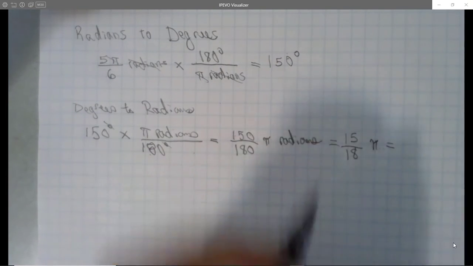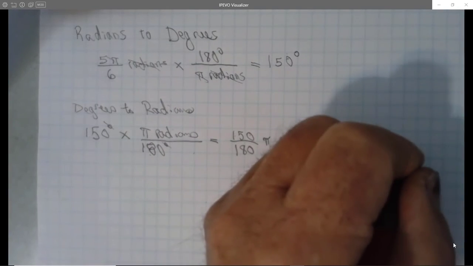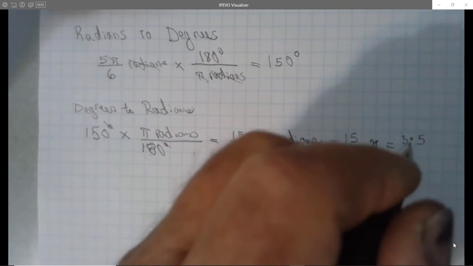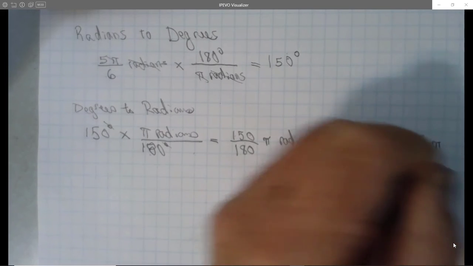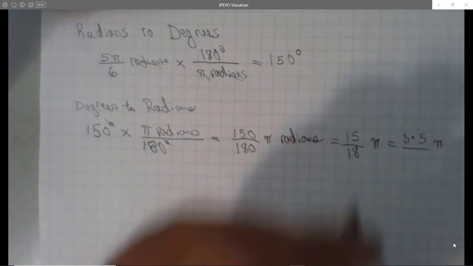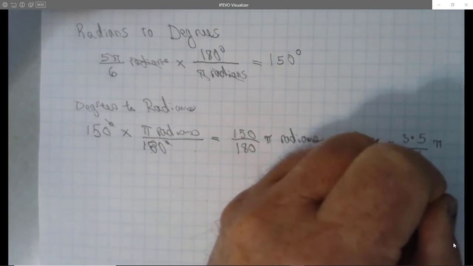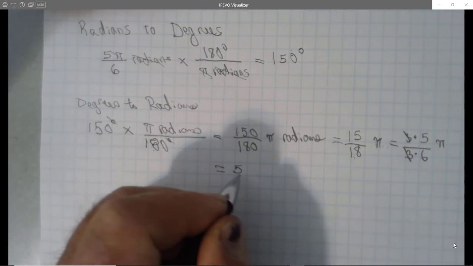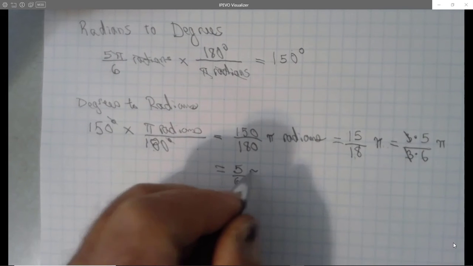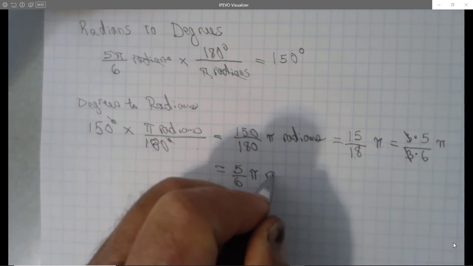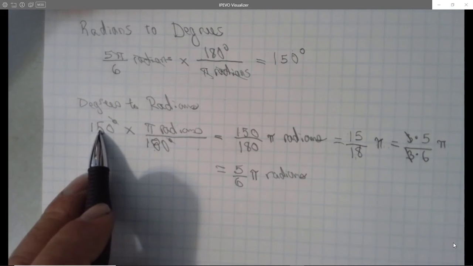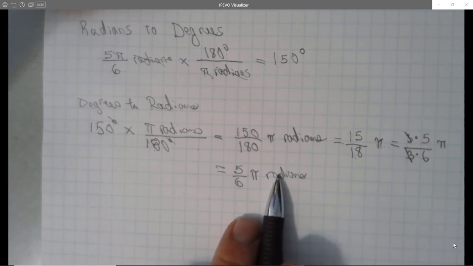And then you might notice that both of those are divisible by 3. 3 times 5 over 3 times 6. So the 3's cancel out, and in fact we do get down to that. 5/6 times pi radians is the measure of a 150 degree angle in the radian system.